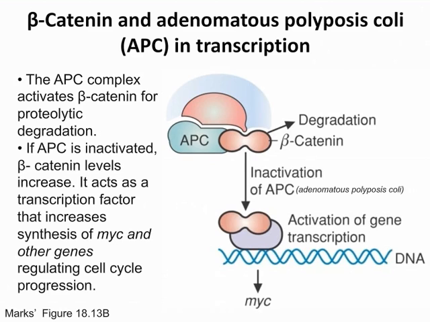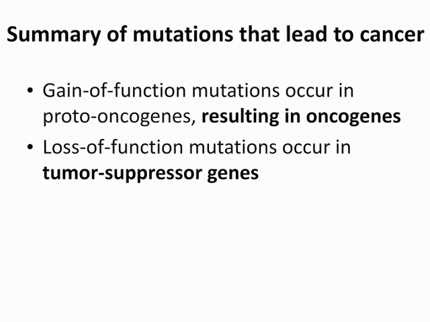So let's say we have a mutation in APC, that's going to cause APC to become inactive. If APC becomes inactive, beta-catenin can travel to the nucleus and stimulate that cell proliferation. So if we have increased stimulation of transcription, then that's what's going to lead to more errors and possibly cancer. So here's just a summary of Learning Objective 5, describing the role of various tumor suppressor genes.